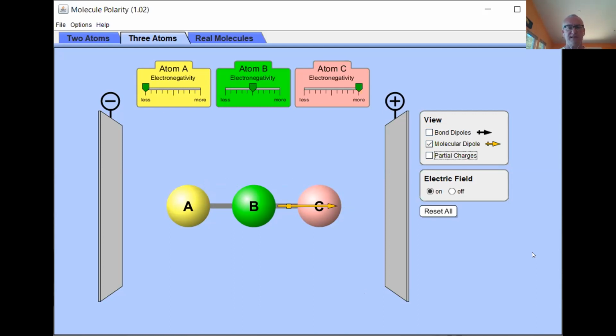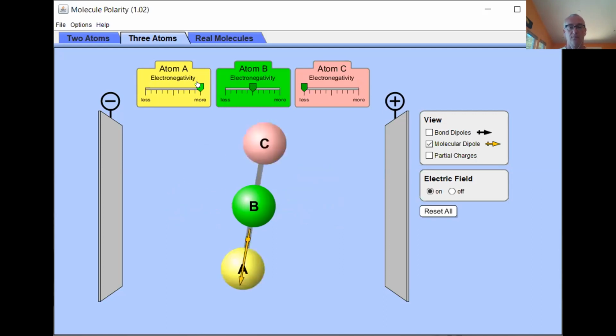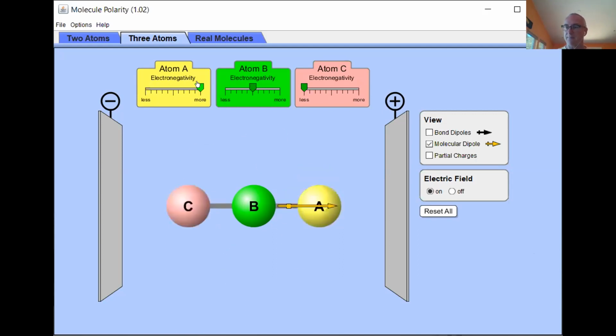So here, this tells us that pointing towards A is the positive side, and pointing towards B is the negative side. So when we turn the electric field on, C, as being the negative side, will orient toward the positive. Now, if we flip these two around, it flips. So now A is the more electronegative element than C.